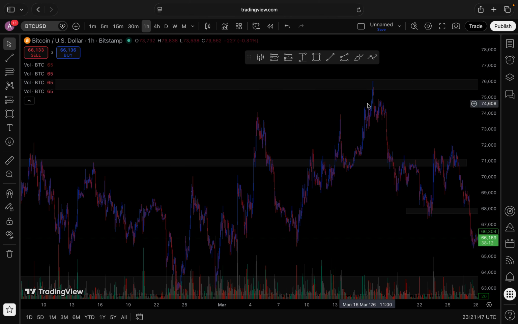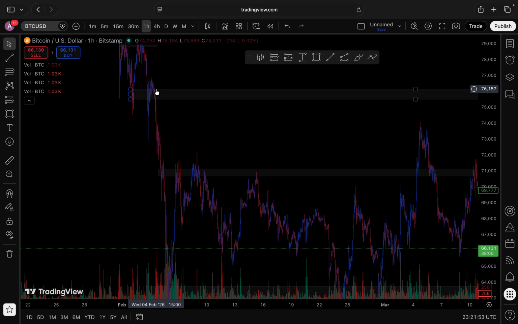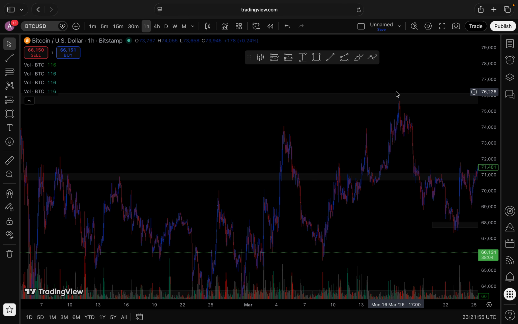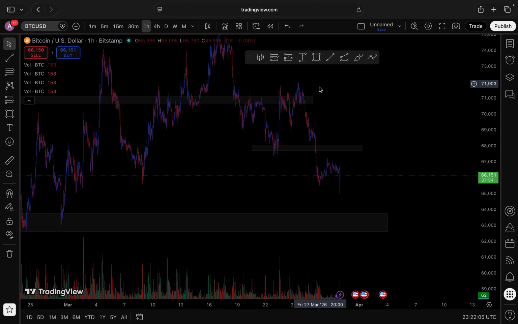And then buyers kick back in and take it to this level of sellers because price created that lower high right here. So it gets into here, taps into here, and then tanks and drops back down to this level of buyers where price had broke out of, and then price pushes back up into this level of sellers and then takes it back down to this level.